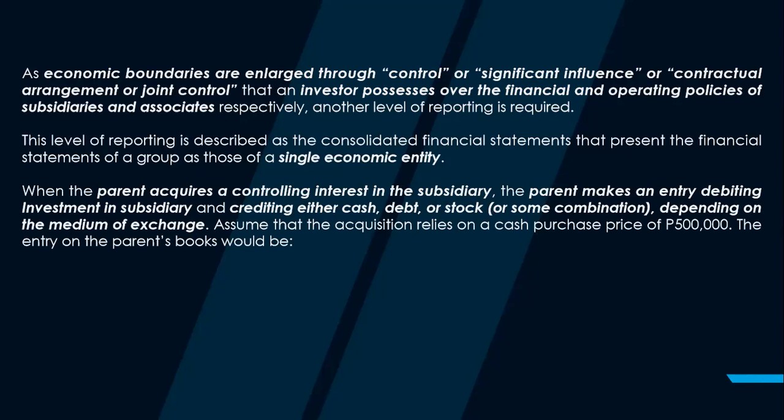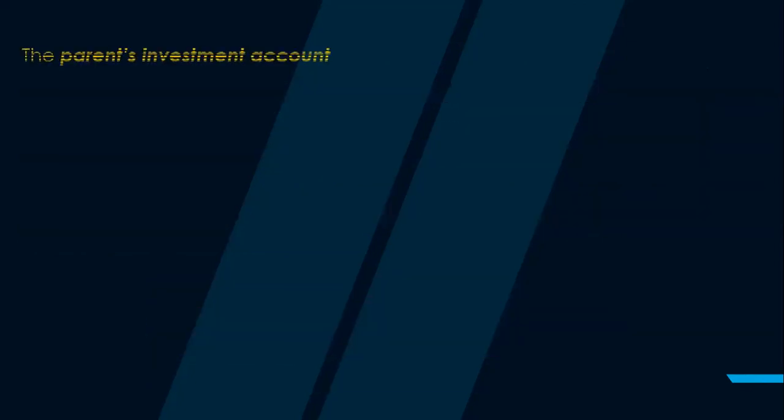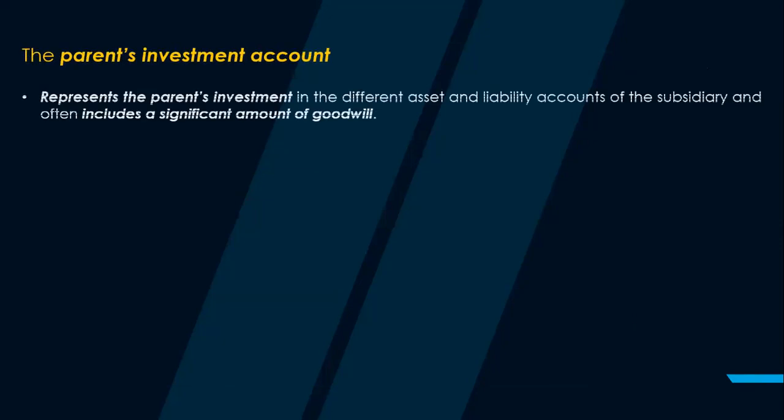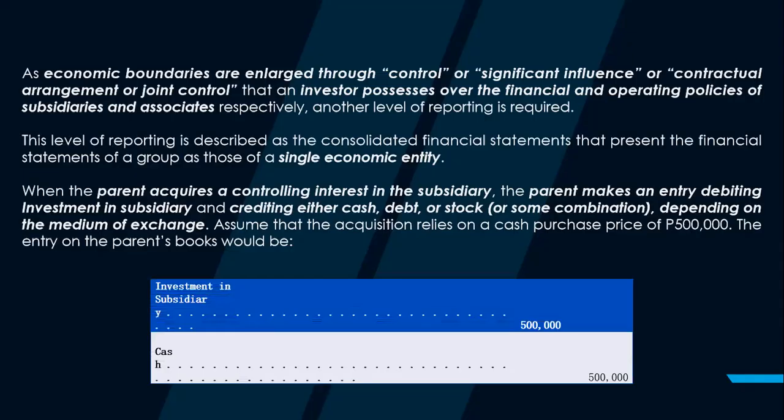Assume that the acquisition relies on a cash purchase price of 500,000. So we have now the entry in the parent's books: debit investment in subsidiary and credit cash.